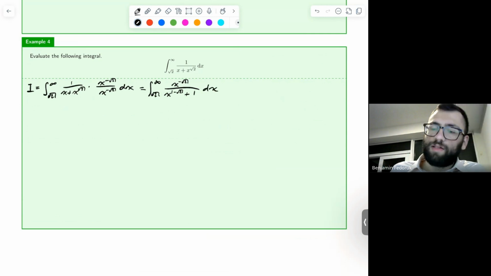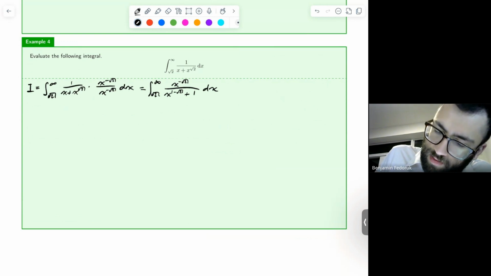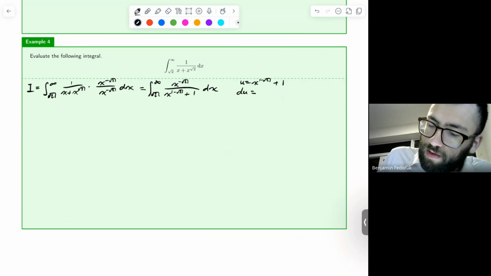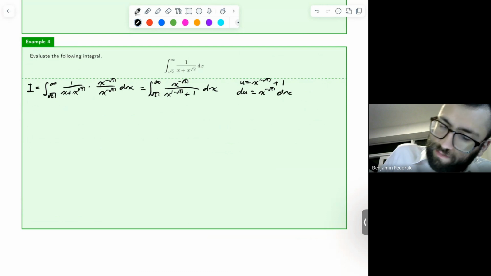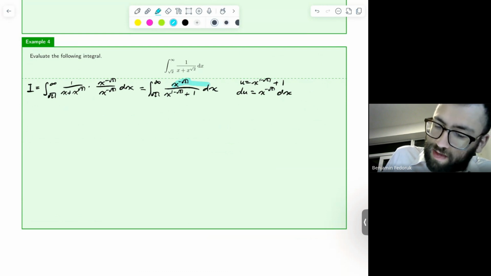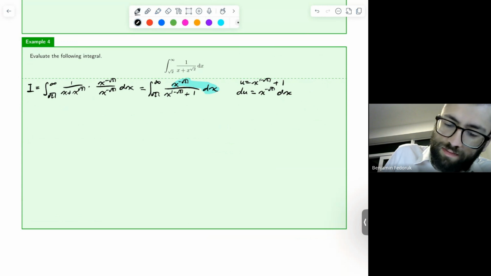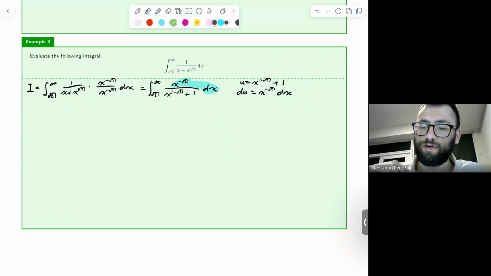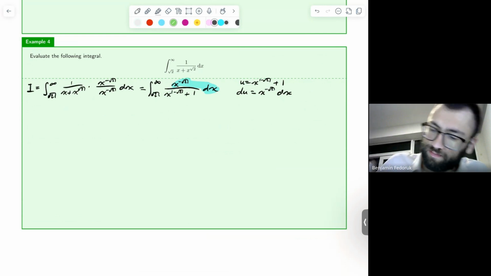So we've definitely made some progress here. Let's do a u sub. I'm going to let u equal x to the 1 minus root 2 plus 1, so the whole bottom. That means that du is going to be x to the minus root 2 dx, which is nice because we have that. And that's why this multiplication by this factor worked out really well in our favor. Might seem counterintuitive, but it worked out really well.